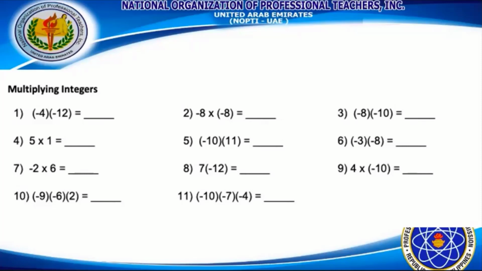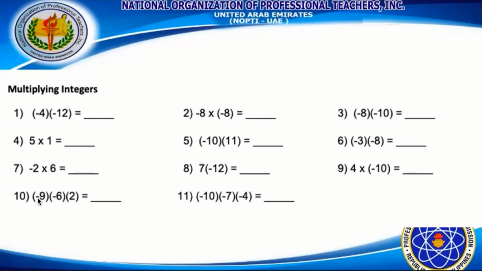Number 10, 9 times 6 times 2. Anong answer dyan? Positive, negative? Oh, kasi kung unahin mo yung dalawa, negative times negative, positive. Times positive, so positive. Positive na siya. So the answer is positive 108, Ma'am Rose.